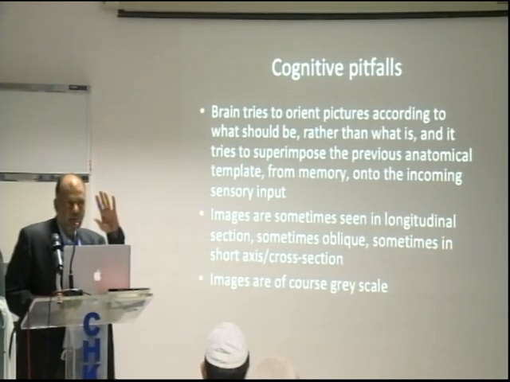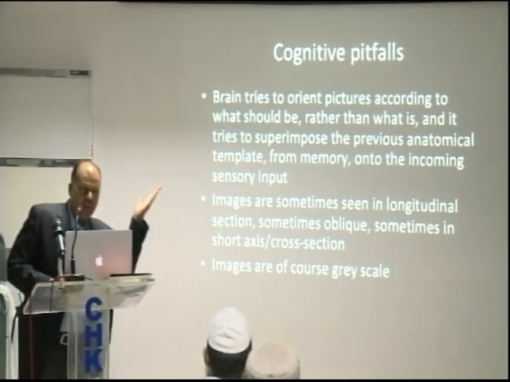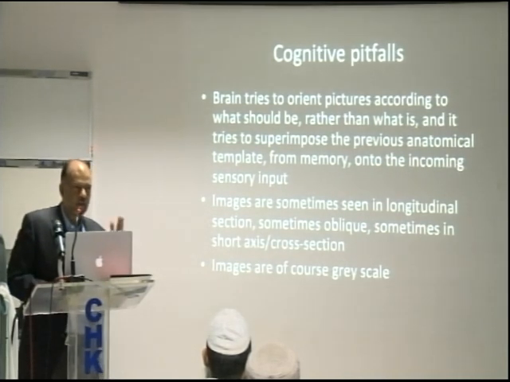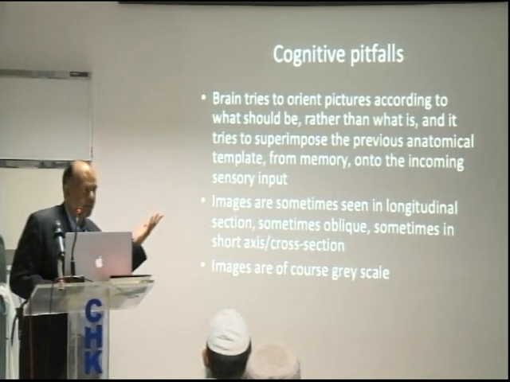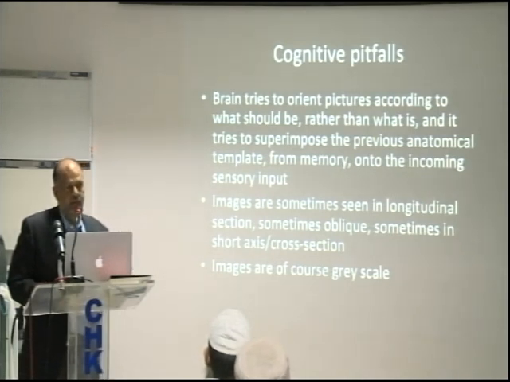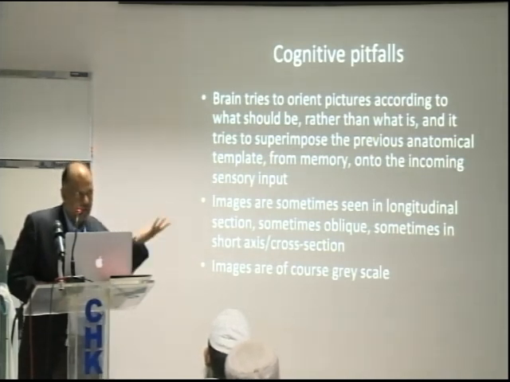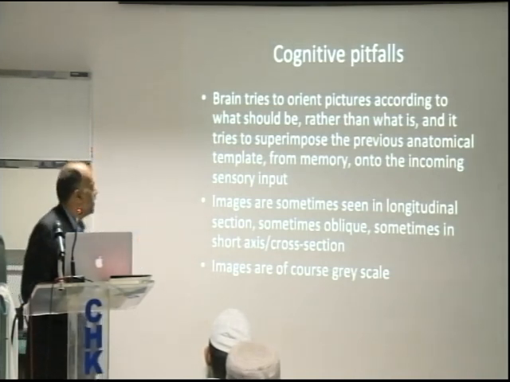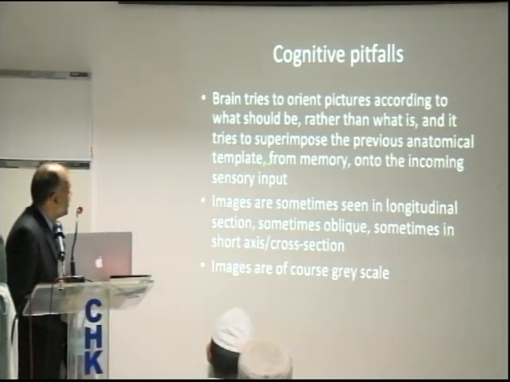You think, the portal vein should look like this, and then you try to find that image there. Don't do that. As Dr. Khalid last emphasized, just look at the station and see what the anatomy is. Don't try to superimpose your previous templates on that.